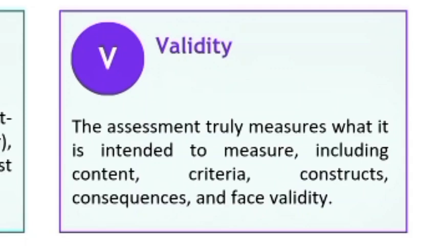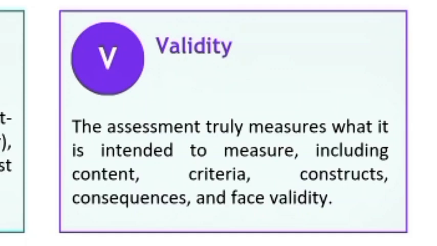Next is validity. The assessment truly measures what it is intended to measure, including content, criterion, construct, consequence, and face validity. Validity refers to a test's accuracy in measuring what it is intended to measure.